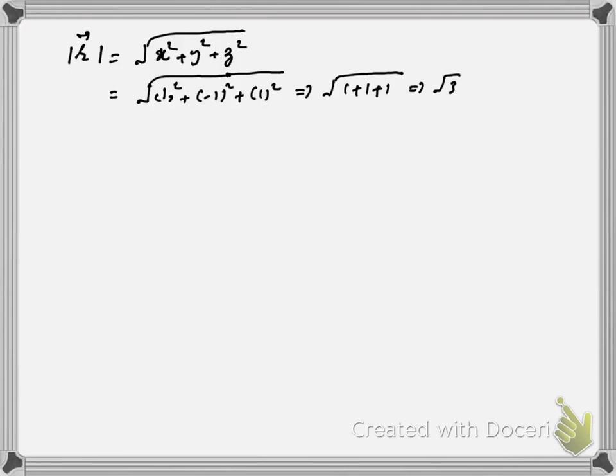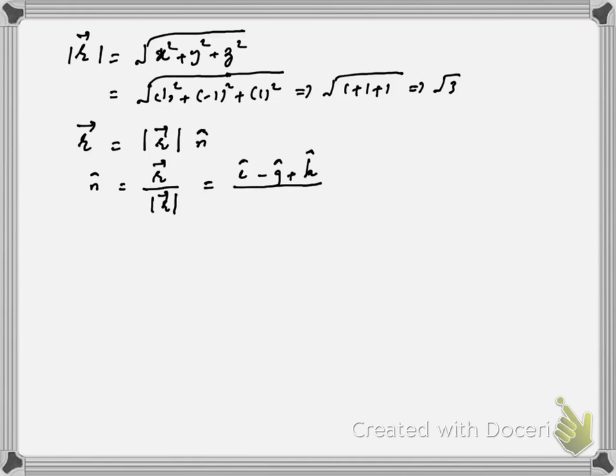Now, vector r is equal to the magnitude of vector r with its direction. Now, n cap is equal to vector r divided by the magnitude of this vector. Vector r is equal to i cap minus j cap plus k cap, and the magnitude of vector r is equal to the square root of 3.